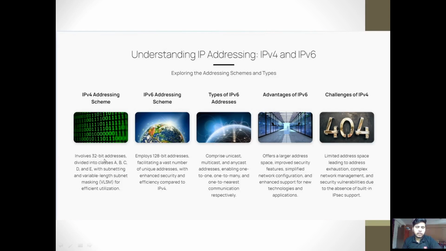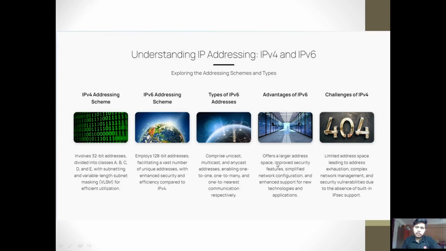The IPv4 32-bit address is divided into 5 classes: A, B, C, D, and E. While IPv6 employs 128-bit addresses, a vast number of unique addresses with enhanced security and efficiency compared to IPv4. There are also many types of IPv6 addresses like unicast, multicast, anycast, which enable different types of communication like one to one, one to many, one to nearest, and so on.